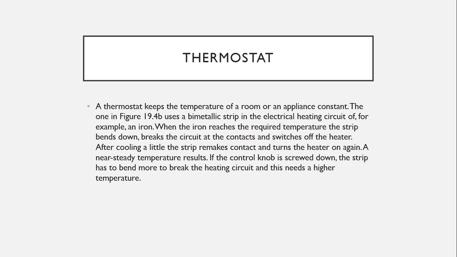When we reach a certain temperature, the appliance stops working. Let's say we have that thermostat in a heater, or in an air conditioner, after a certain temperature the circuit breaks, and that is calibrated with the contraction or bending of the bimetallic strip.